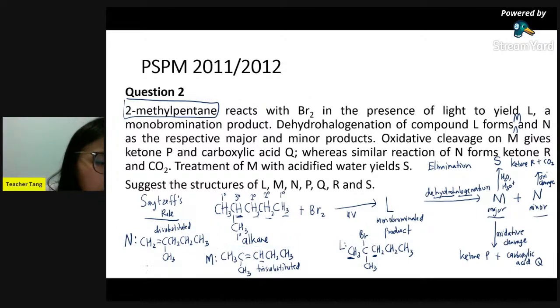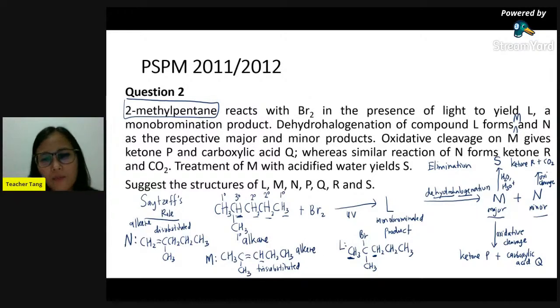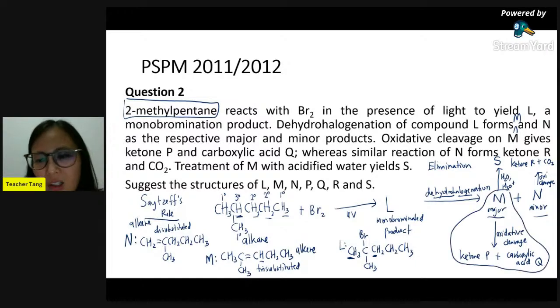We look at this as an alkene, and this is alkene M. So how many types of reaction does an alkene undergo? Two: electrophilic addition and oxidative cleavage. And the question is now telling you that N undergoes oxidative cleavage.